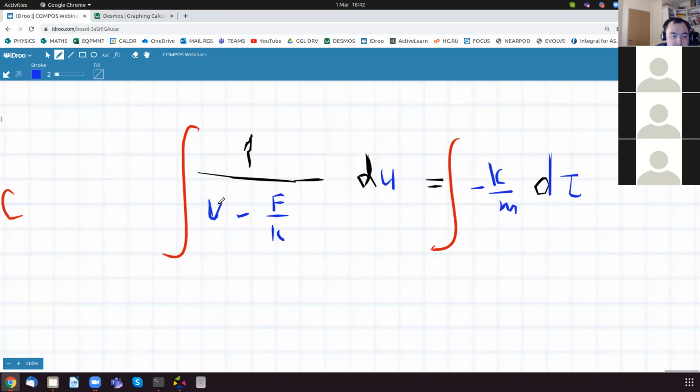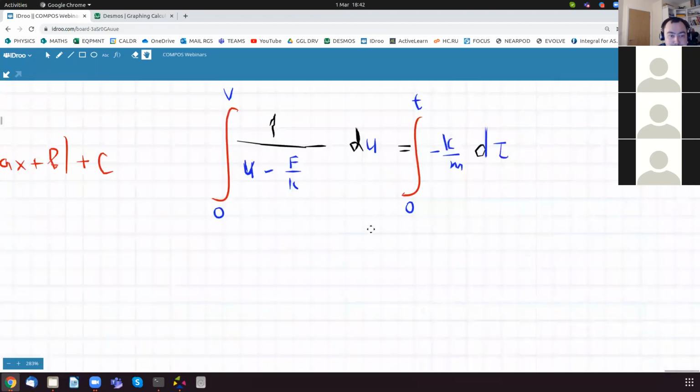And here, u. So I'm just changing the variables, v for u. Why am I doing that? Because the limits will contain v. So the speed changes from 0 to v, because v is the final speed, the speed at time t. And similarly, the time changes from 0 to t.